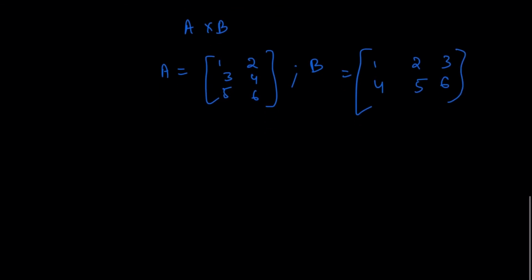So we have to multiply A and B. So the product of A cross B will be equal to, for the matrix multiplication we first take the row elements of the first matrix and multiply them with the column elements of the second matrix. So that is equal to 1 into 1 plus 2 into 4.